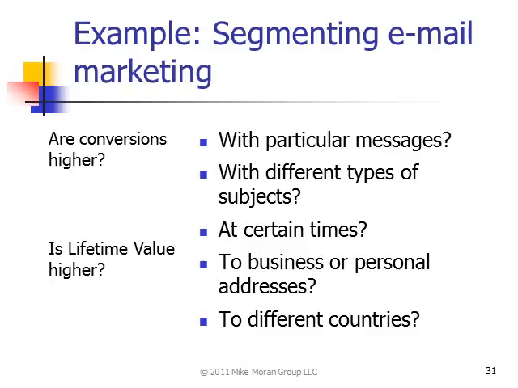And so you also want to ask yourself, how about the difference between sending email to a business address or a personal address? Or are you finding that email sent to one country seems to do better than to another? All of these things are things you can do just by segmenting based on either what's in the email address or what's in the message, or when you send it. And again, these are just examples. There are many, many different examples.